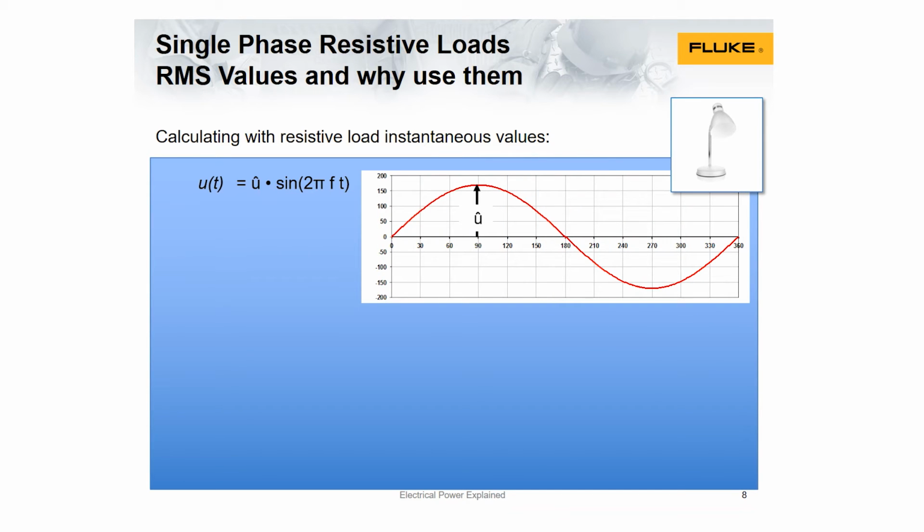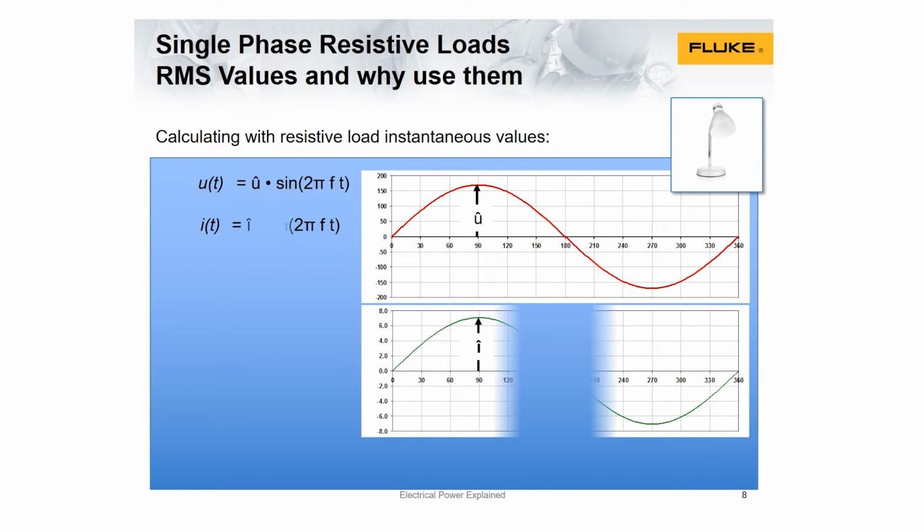We can describe the value of U(t) using the peak value U peak and the sine wave function. The instantaneous value is now given by the peak value times the sine of the angle at any time t, as it repeats at frequency f. Same for instantaneous current.